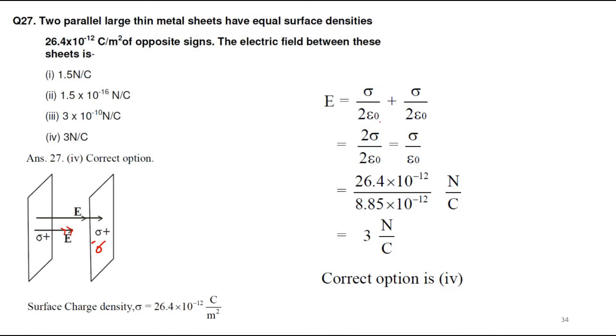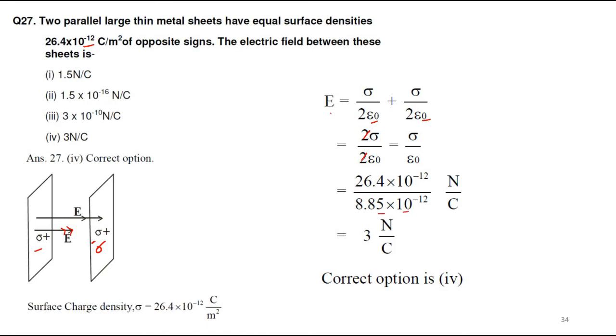The first one is sigma by 2 epsilon naught due to this sheet. The second one is also sigma by 2 epsilon naught, because the directions are the same, so you simply add. This will be 2 sigma by 2 epsilon naught, which cancels to sigma by epsilon naught. Sigma is given as 26.4 into 10 to the power of minus 12, divided by epsilon naught, 8.85 into 10 to the power of minus 12.